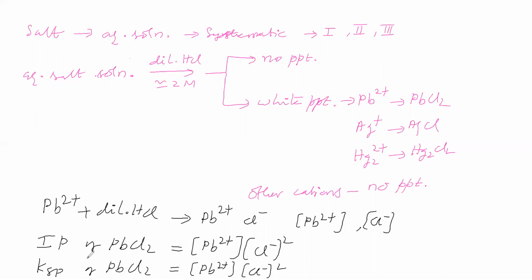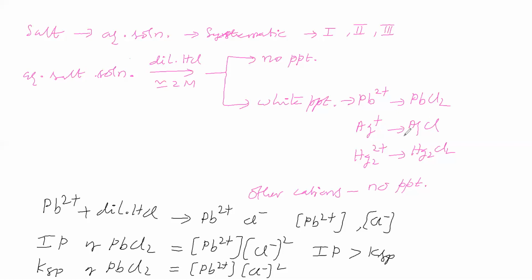So we got the ionic product and solubility product for lead chloride. If you add this reagent, ionic product is greater than solubility product, therefore PbCl2 is precipitating. Similarly, ionic product of silver chloride is greater than solubility product of silver chloride, therefore silver is precipitating as AgCl in group 1.